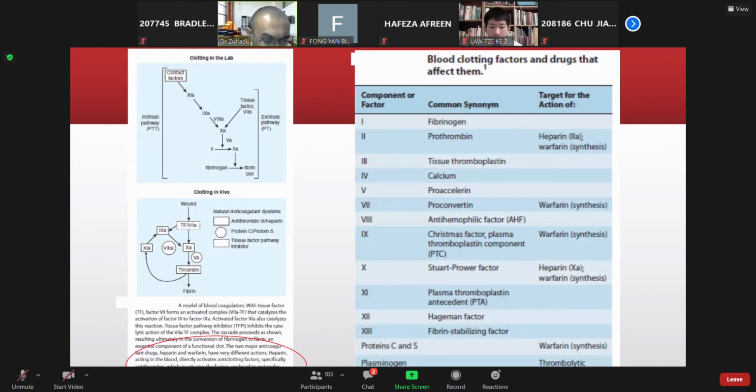This diagram shows you what we call the blood coagulation. So there are two major anticoagulant drugs, heparin and warfarin.